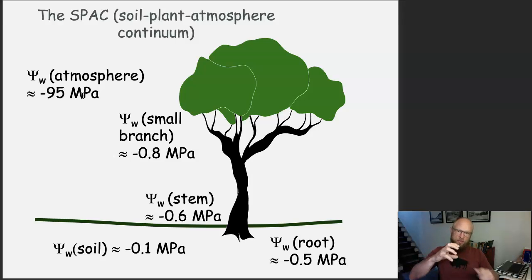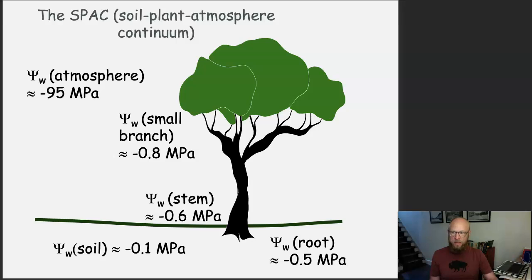This dry atmospheric air is going to pull that water out of the stomate. Because that leaf is losing water, its water potential is also going to decrease. And so water from the branch is going to move up into the leaf, and then that water potential is a little more negative. And that continues on down through the entire plant until we generate this water potential gradient.